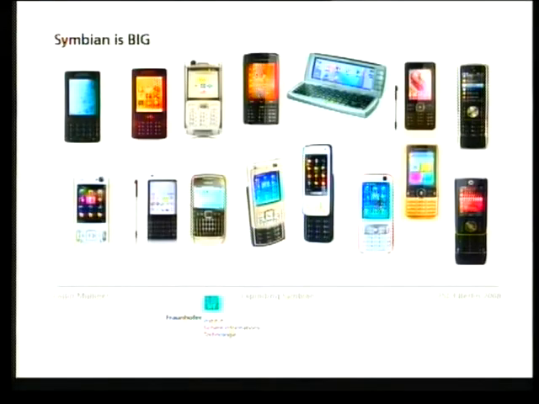The three more known ones are Series 60 from Nokia, the UIQ from Sony Ericsson, and the probably not known at all here in Europe is MOAP from Sharp, which they make for NTT Docomo in Japan. And Symbian is really big. There's a really large collection of devices from many different manufacturers like Nokia, Sony Ericsson, Motorola, Samsung. Yeah, it's everywhere.